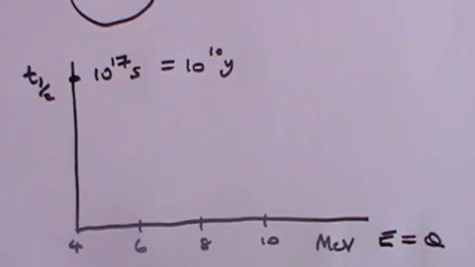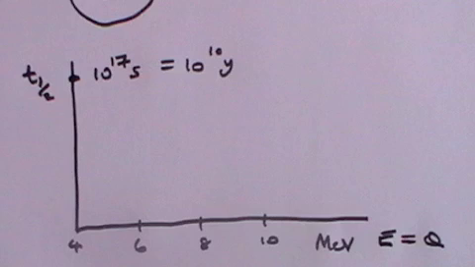So if you've got 4 MeV, which means you're quite a long way short of the Coulomb potential, the alpha particle has a very, very small probability of getting through that region 2, and it's 10 to the 10 years for the number of nuclei to decay to half its original level.